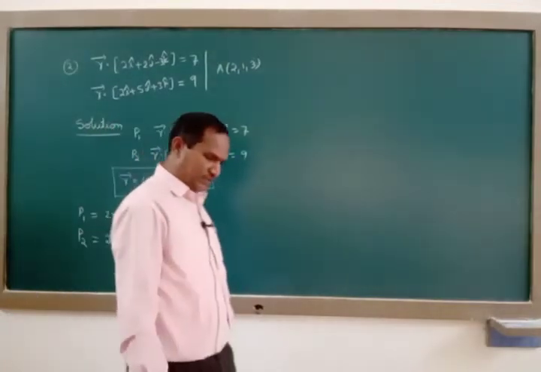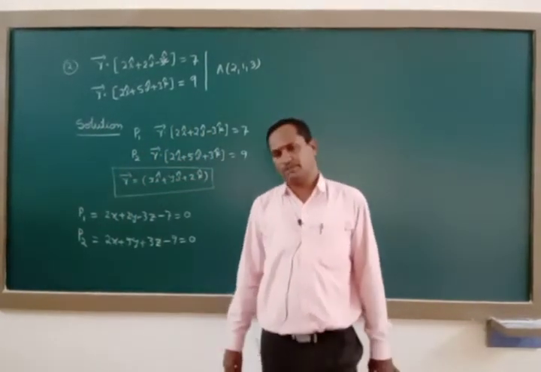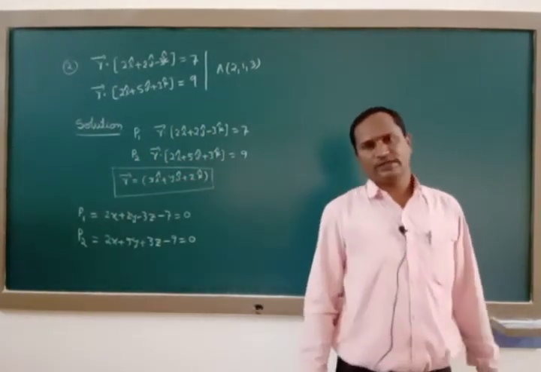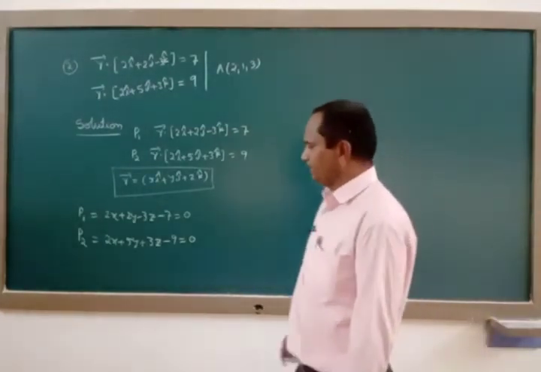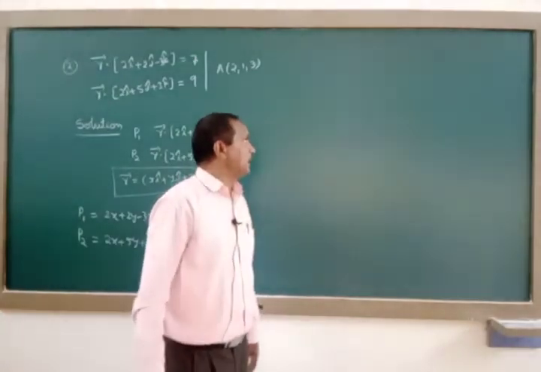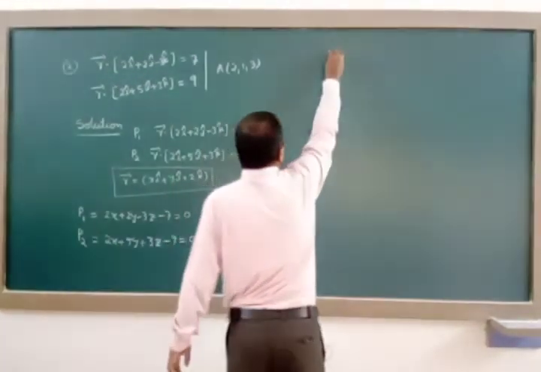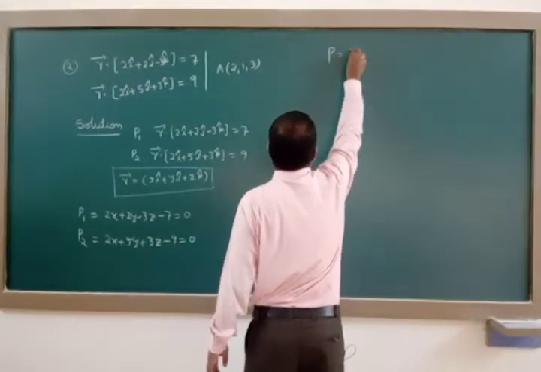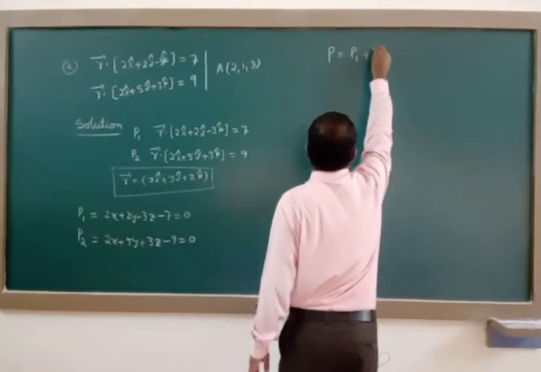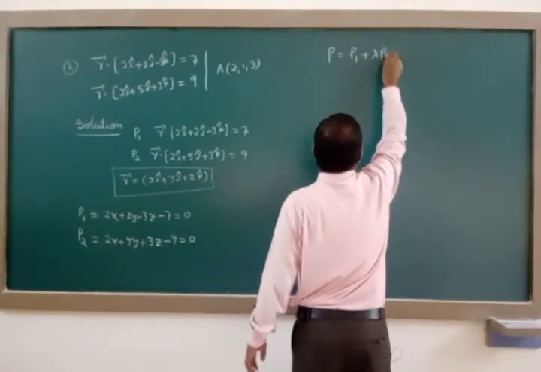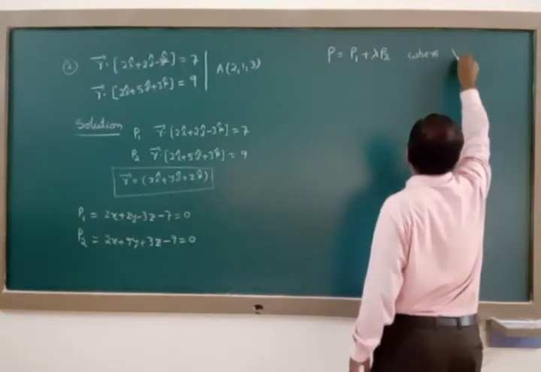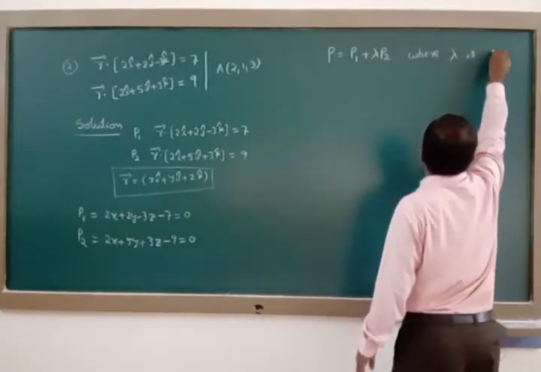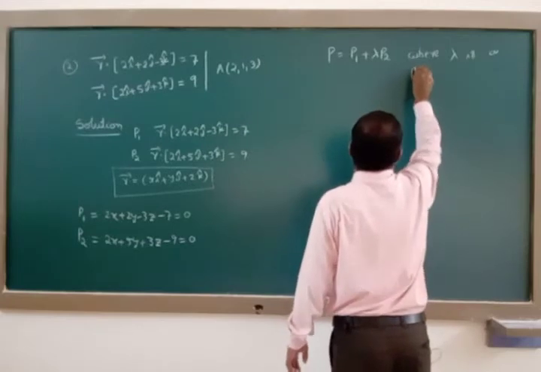How are we going to apply the formula for a plane passing through the point of intersection of two planes, say P1 is equal to 0 and P2 is equal to 0? That is P is equal to P1 plus lambda into P2, where lambda is a real constant.